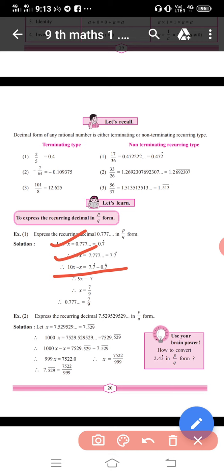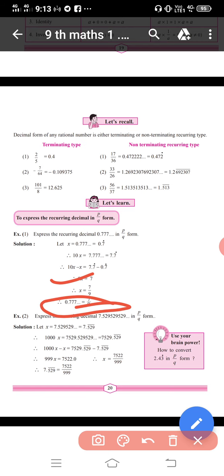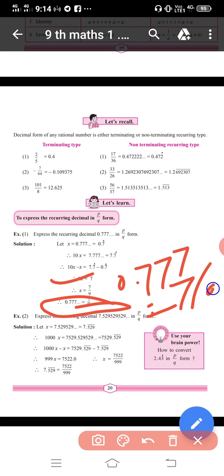Now we get 9x is equal to 7. Now x is equal to 7 upon 9. Hence we get the final answer: 0.777 is equal to 7 upon 9.